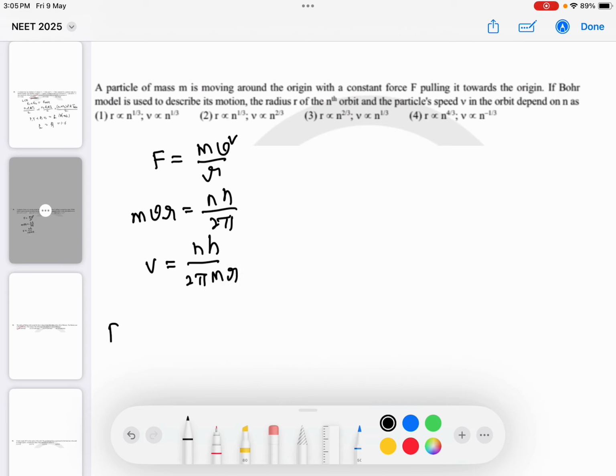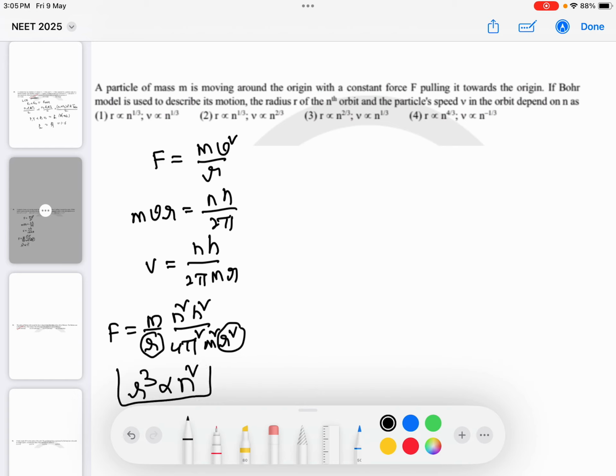So F can be taken as m by r into n square h square divided by 4 pi square m square r square. From this equation, r into r square, nothing but r cube, is directly proportional to n square. Here r is asked, therefore r is proportional to n power 2/3.